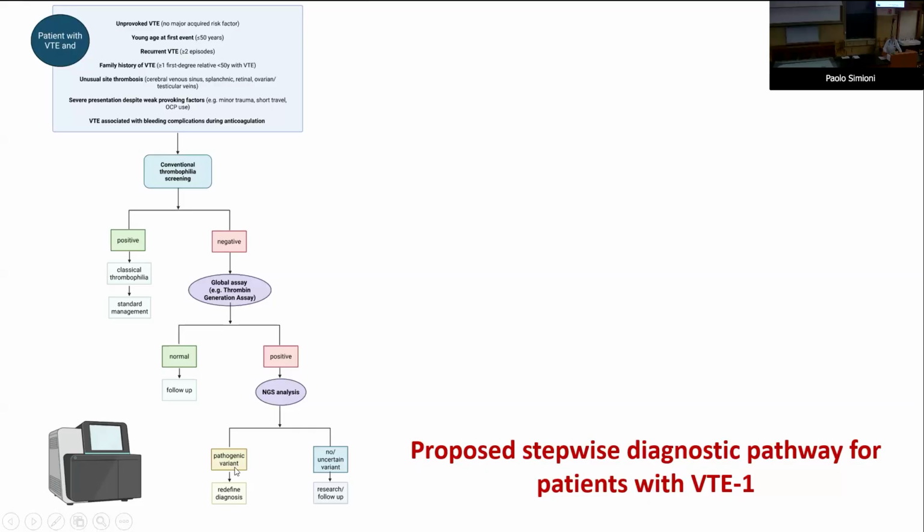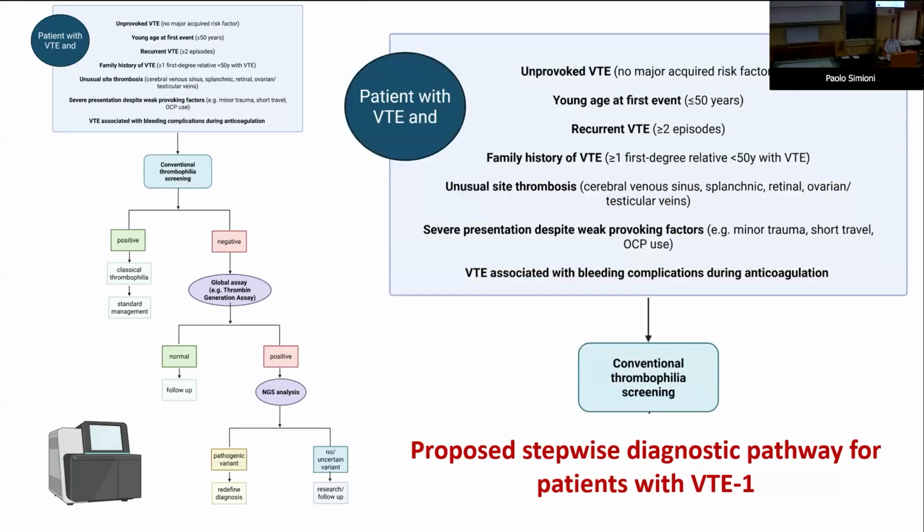And according to NGS, we are able to identify the pathogenic variant that can then be responsible for the clinical finding of that particular patient. So it's a completely different approach, a little bit complex, but we are sure that maybe with the help of AI, you will be able to automatize also part, at least, of the interpretation of this difficult pathway to clarify what is really a hypercoagulable state.